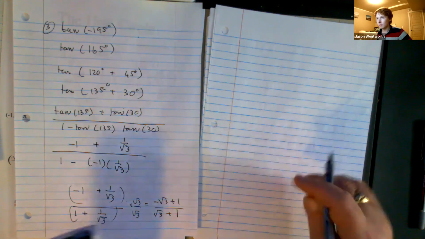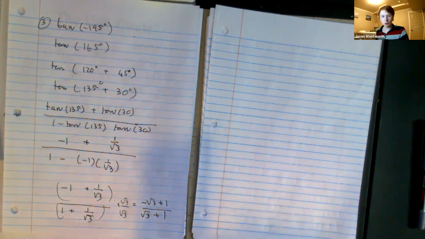Okay, so when we did it before in class, the answer that you ended up with was -3 plus the square root of 3 over 3 plus the square root of 3.